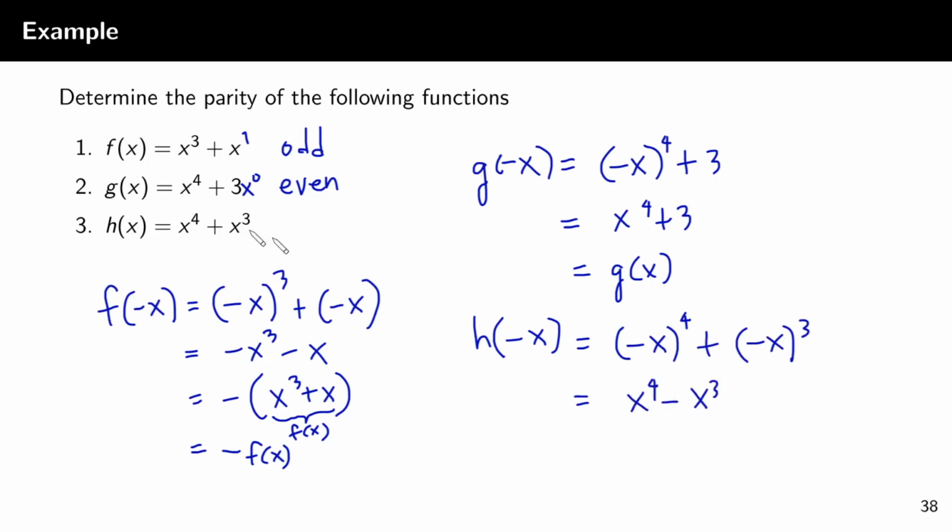And this is neither equal to h of x or negative h of x. So this is neither odd nor even. And again, looking at the exponents, meron tayong even, meron din tayong odd na exponent. So kung meron tayong combination of odd and even exponents dun sa loob ng polynomial function natin, it will be neither odd nor even.